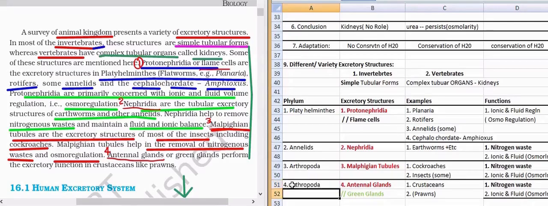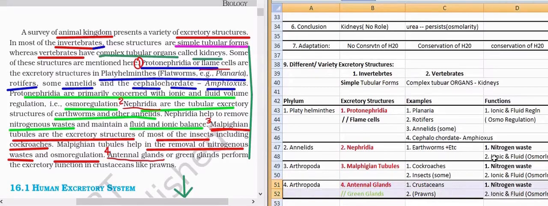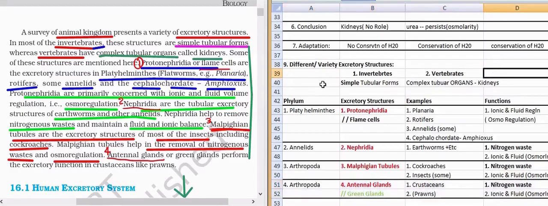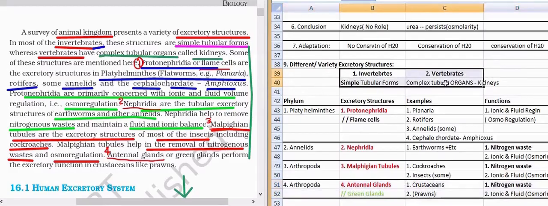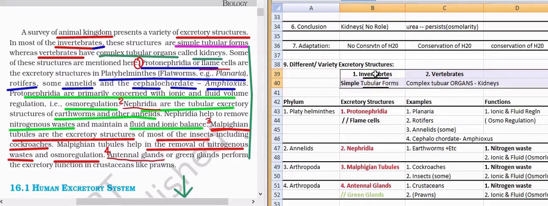So these are four invertebrates whose examples are given in this paragraph, so you have to remember this. The first division is vertebrates and invertebrates. For invertebrates he mentioned simple tubular forms, and for vertebrates complex organs, for example kidneys.